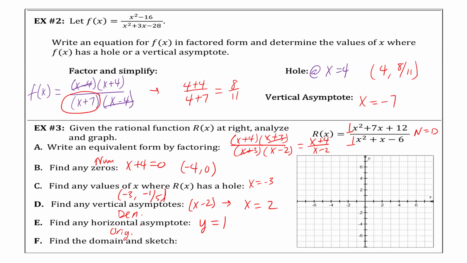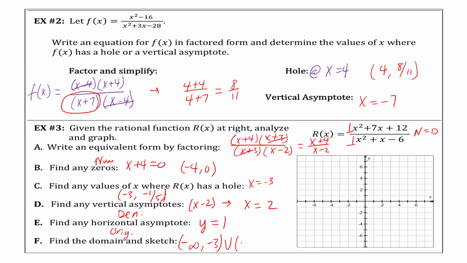All right, your do now was to get you prepared for this, right? Can we write our domain? Yes. What is our domain? I start at negative infinity, up until where? My hole, because I have to stop at the hole. It causes me to stop.